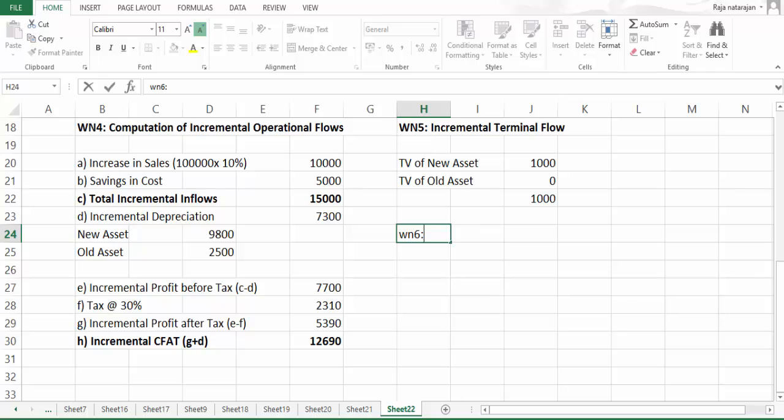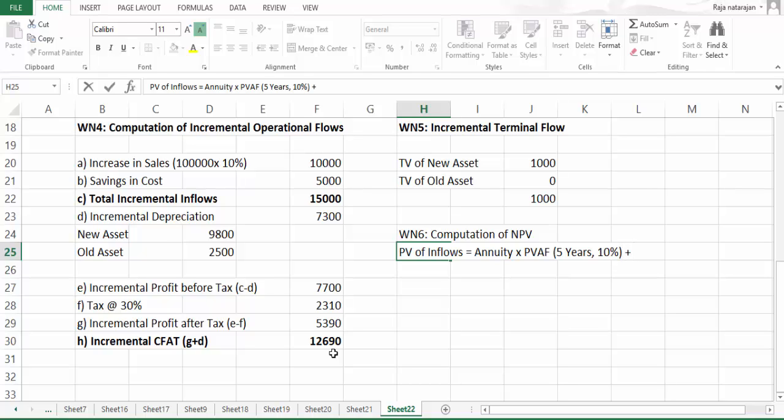So working note 6, computation of NPV. It's basically PV of inflows minus PV of outflows, right? So we have to find out PV of inflows, and that's going to be the annuity which we have calculated, that is the incremental cash flows after tax, but that is going to continue for the next 5 years, so we'll call it an annuity, and that should be multiplied by the present value annuity factor for 5 years at the discount rate of 10%.